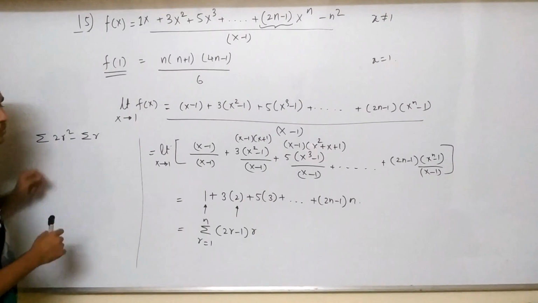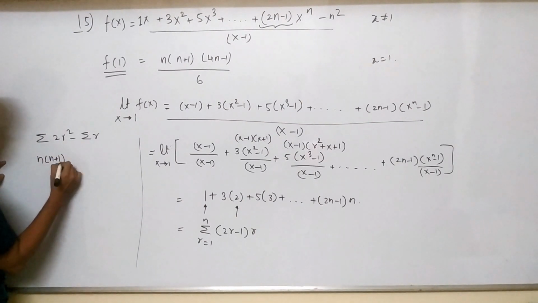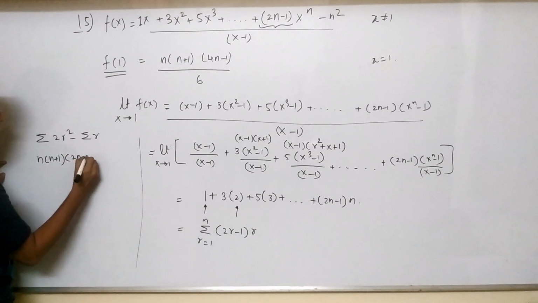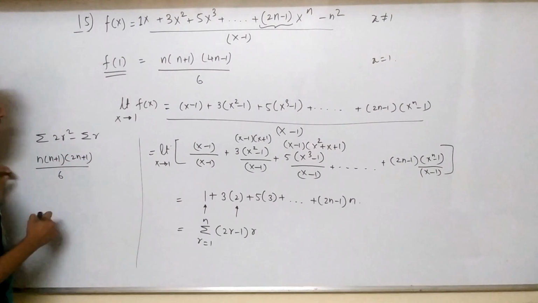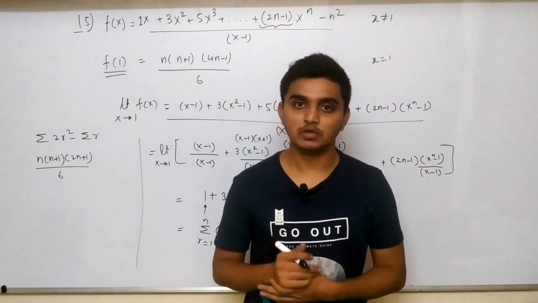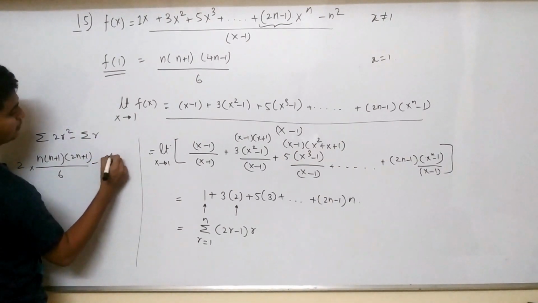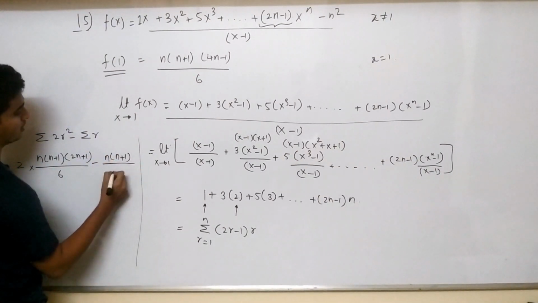Well, what is the r square series? It is nothing but n into n plus 1 into 2n plus 1 upon 6. This is the summation of all the squares of natural numbers. So this will be into 2 minus n into n plus 1 upon 2.